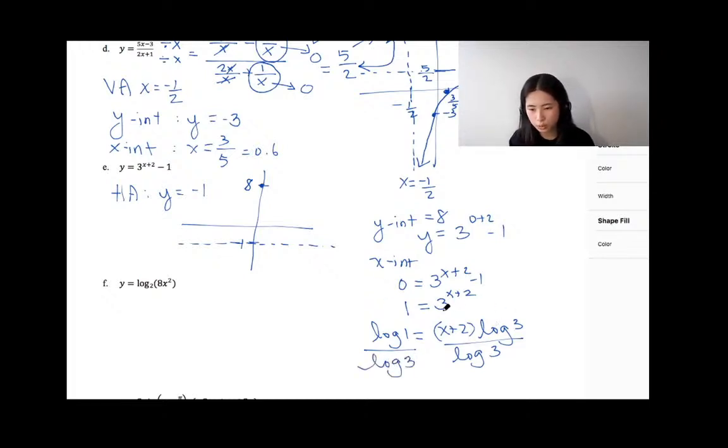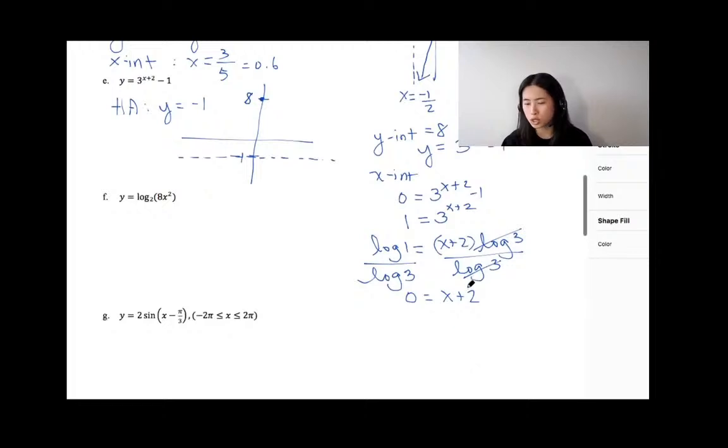You don't really need to expand this. Log 1 is actually 0, so 0 divided by whatever log 3 is gives you 0, which is equal to x plus 2. Moving 2 to the opposite side of the equation, you see that x is equal to negative 2.